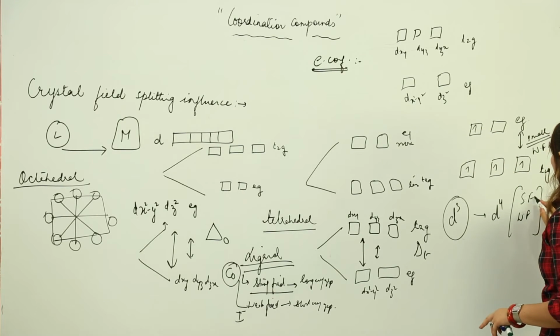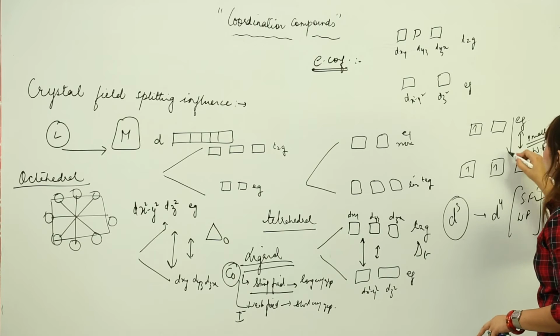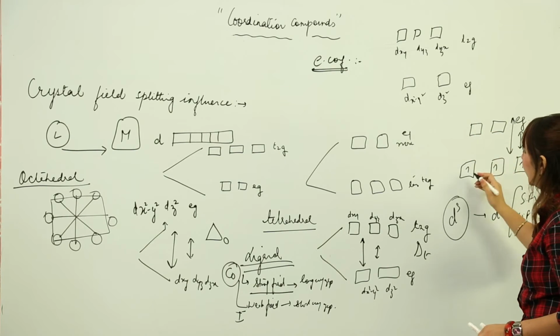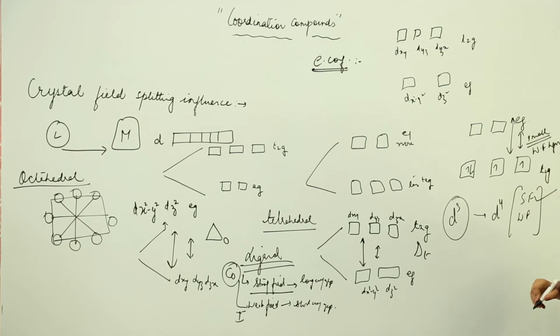But if it is a strong field ligand and there is a lot of energy difference, then it is not going to enter here, it is going to pair up here. So according to that factor we decide whether the electron is going to enter this orbital or get paired up.